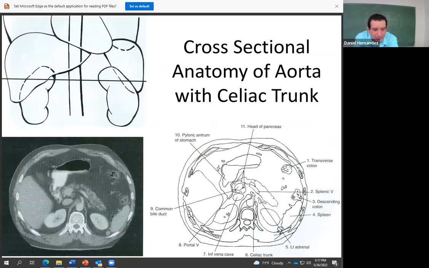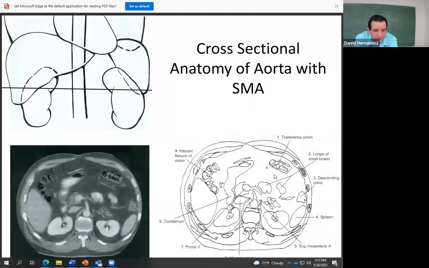Now you can see the celiac trunk starting to come off, and a portion of the kidneys. Down a little further, we can see the aorta again, with the SMA branching off anteriorly.